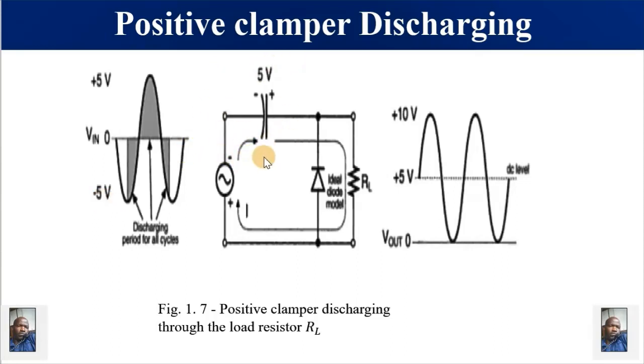This happens because we now have this half cycle, which is 5 volts, plus this voltage across the capacitor, which is now 5 volts. So the voltage across the load is going to be 10 volts. That will be the peak value. In other words, we are maintaining a peak-to-peak value of 10 volts, whereby one peak value is 0 and the other peak value is 10 volts. So this is the way the capacitor discharges in this direction.